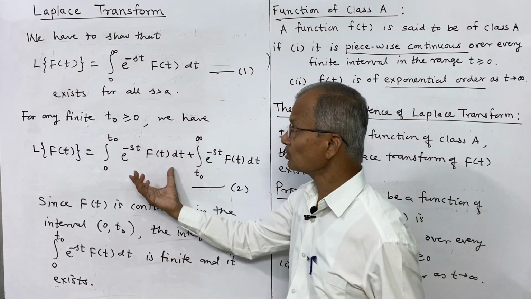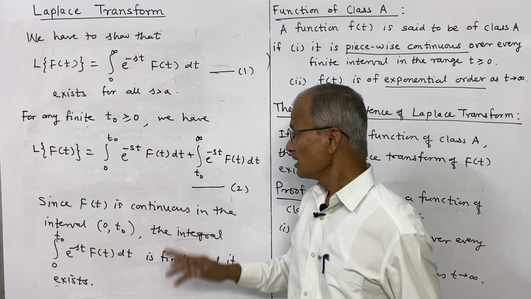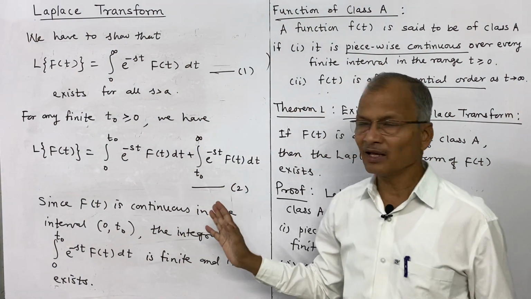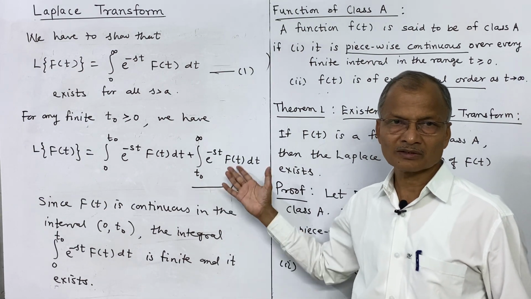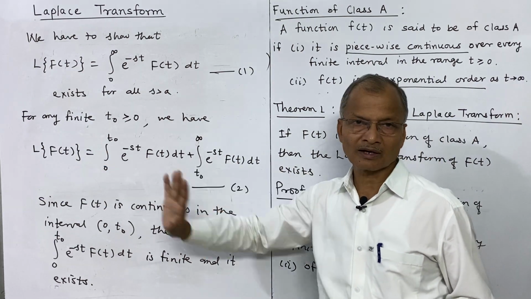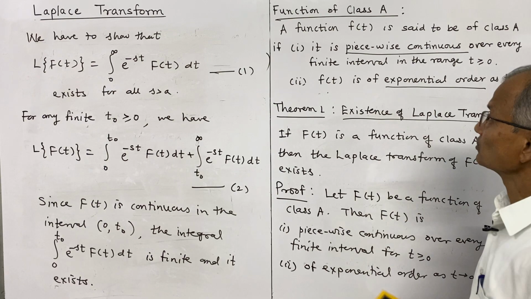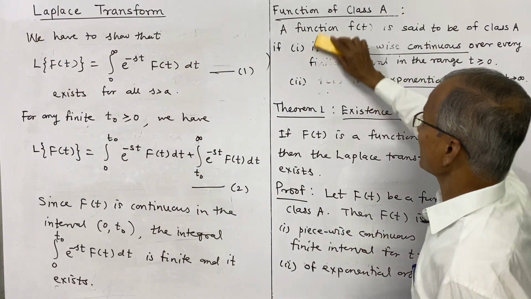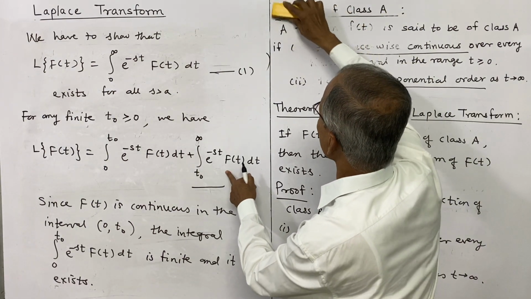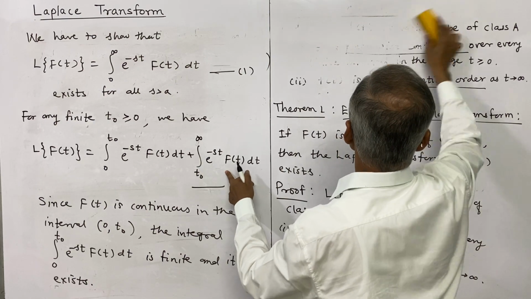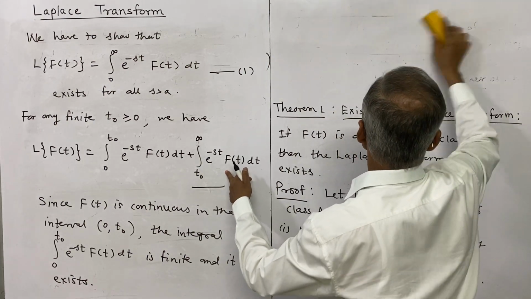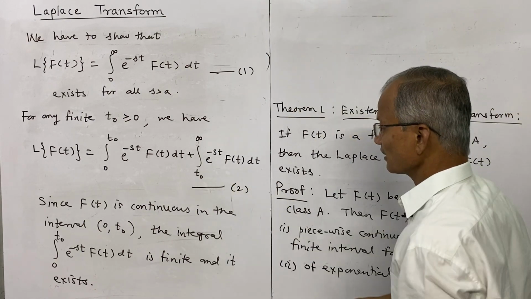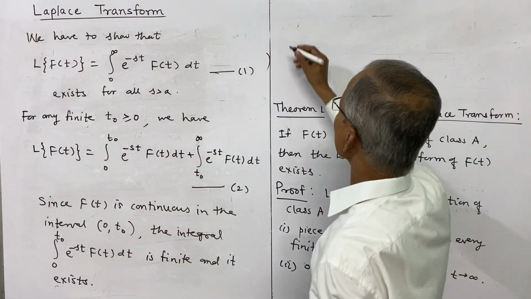Now we have to show the whole integral is finite. If the other also is finite, then both quantities are finite, meaning the Laplace integral is finite. So that we have to show. Further, we have to show that the second integral is also finite. Now we shall show that the second integral on the RHS of 2.